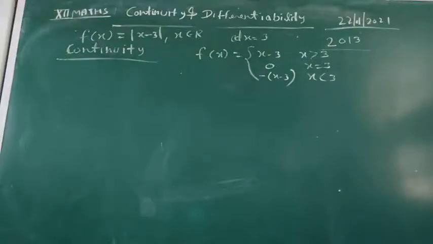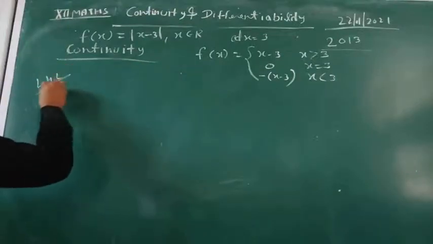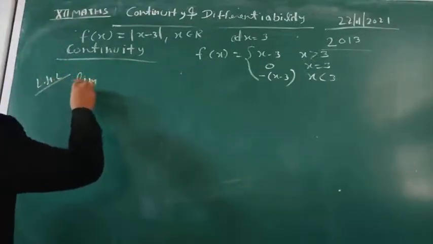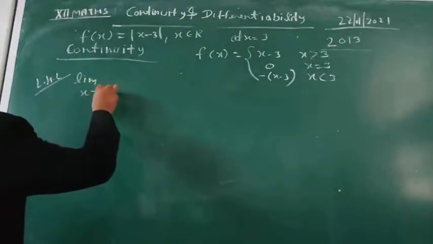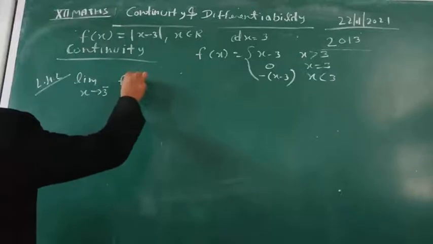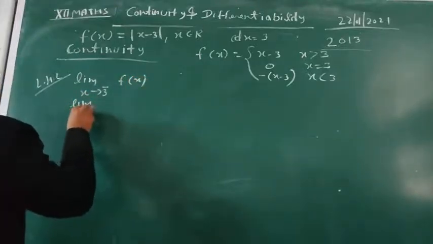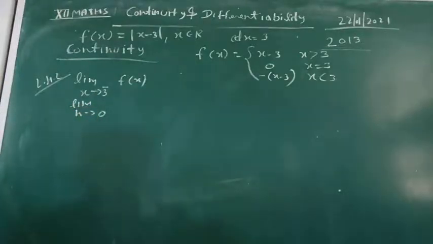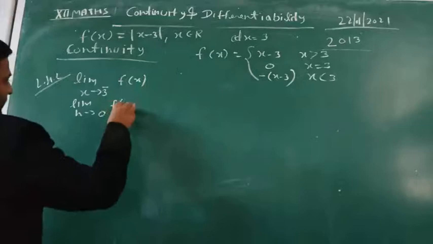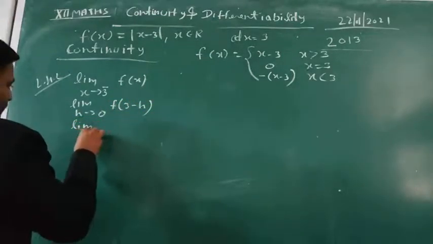Now student, we are finding its left hand limit. Limit x tends to 3 minus f(x), so limit h tends to 0, f(3 minus h).